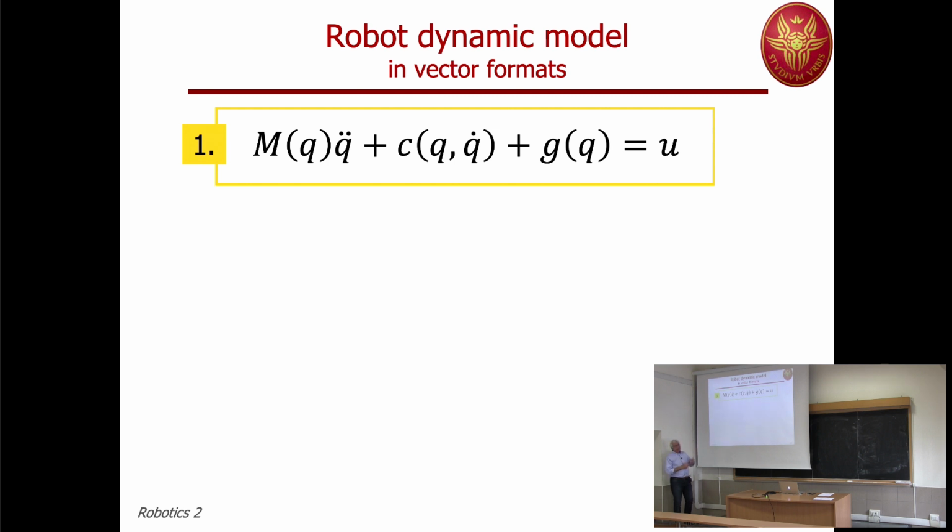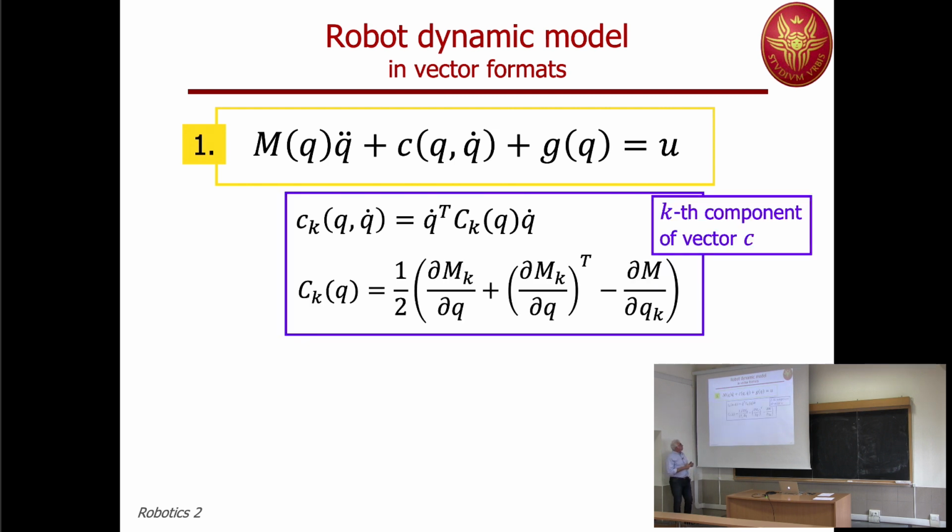Now, we can give an explicit form for C. We know that it's, in fact, quadratic in q dot, so it's a quadratic form. The generic element, Ck, of this vector C will use the Christoffel symbols which have the first index equal to k.